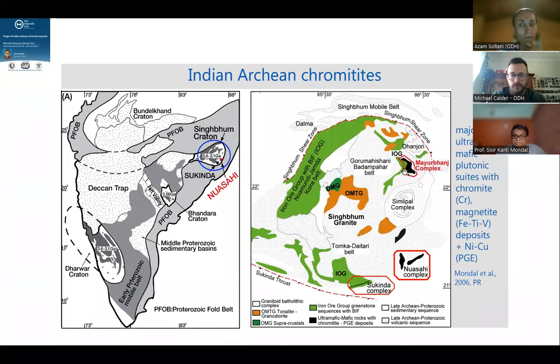And associated with these metavolcanic and metasedimentary greenstone belt rocks, we have these plutonic igneous complexes, these black colored portions. We have the Sukinda complex, the Nuasahi complex, and the Mayurbhanj complex. Sukinda is famous for its chromite resources.